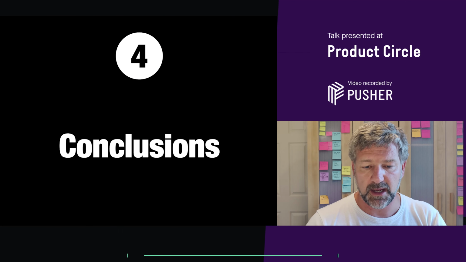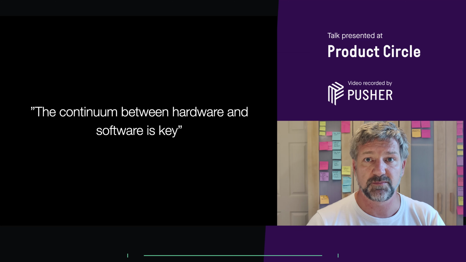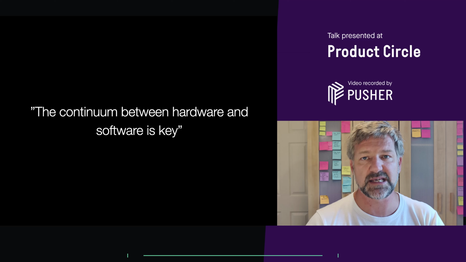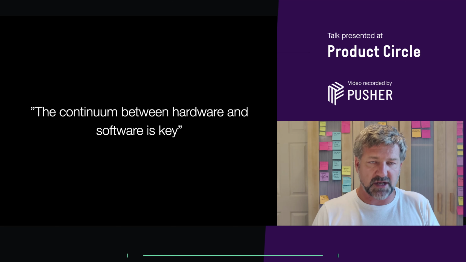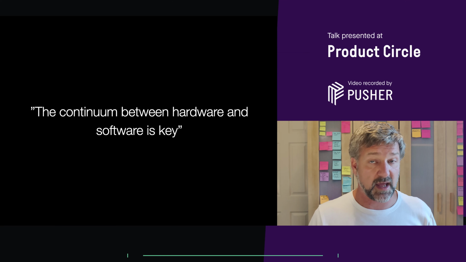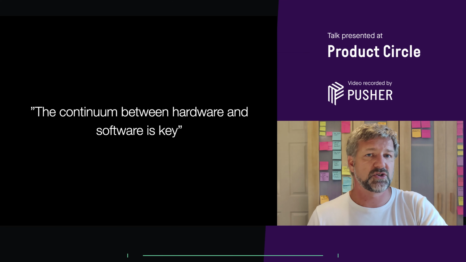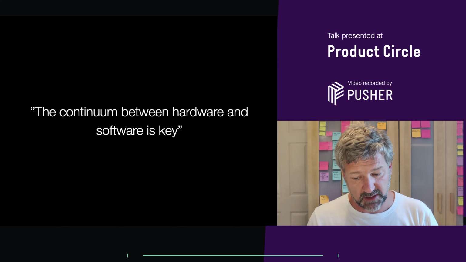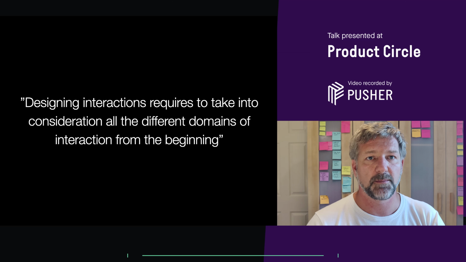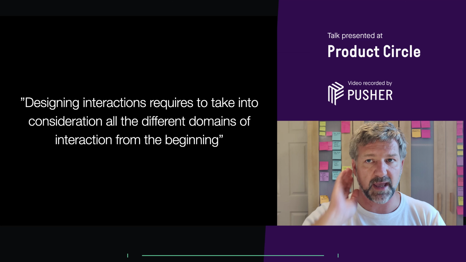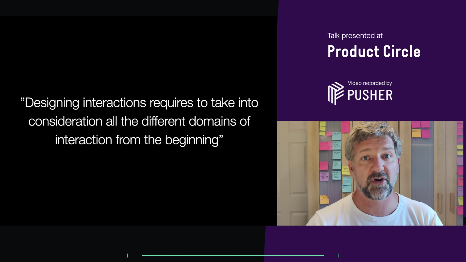So we are at the end. Conclusions. The first one, probably the most important, is that the continuum between hardware and software is key. You need to have a continuum and a connection between hardware and software, and everything that happens in the hardware should be reflected in the software and vice versa. In order to design interactions, you need to take into consideration all the different domains of interaction from the beginning.